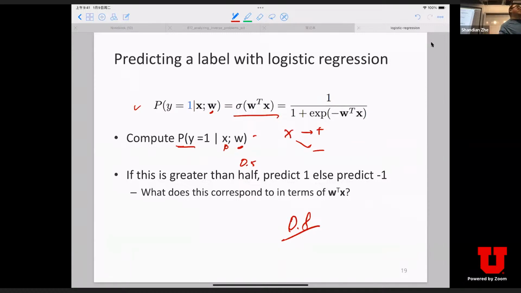In some cases, correctly predicting a positive label is very, very important, right? So I need to make sure that if I classify this example as positive, it has little chance of being a mistake. In that case, I might increase my threshold.